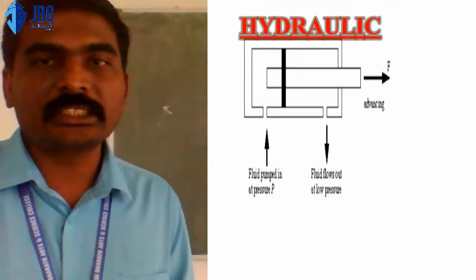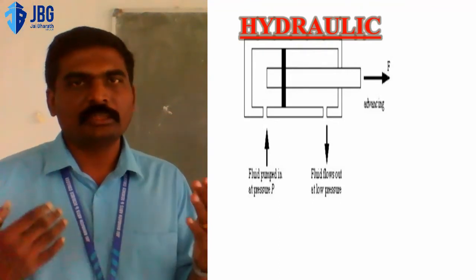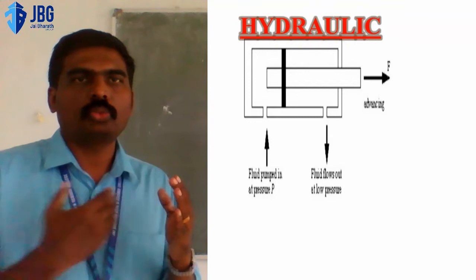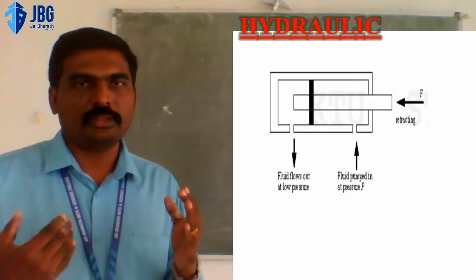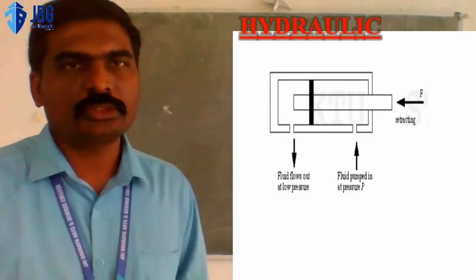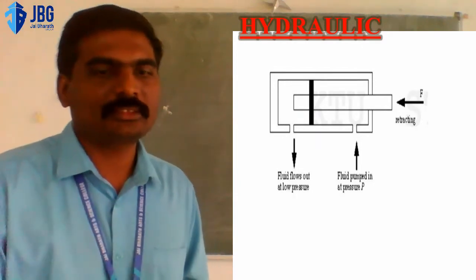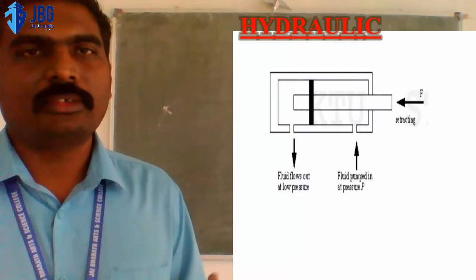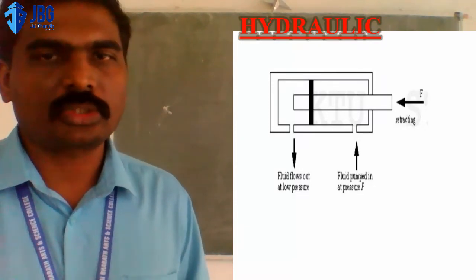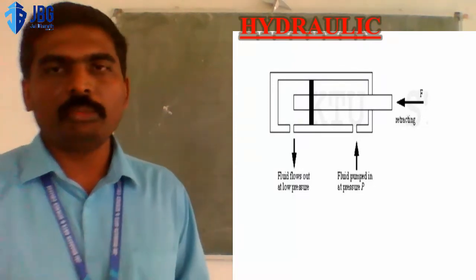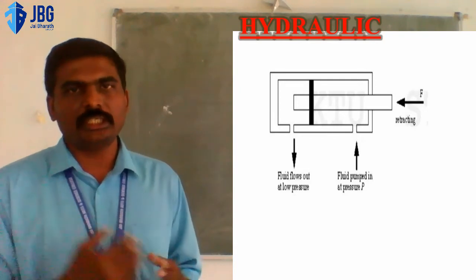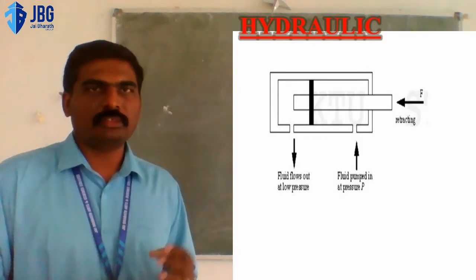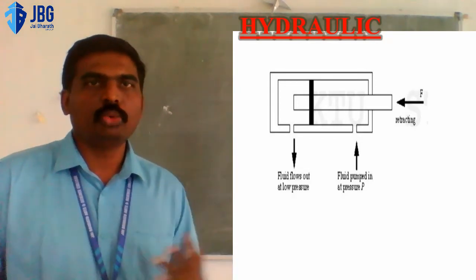When the pressure is exerted by the fluid, the piston will move inward or outward. Okay, that's the force and the torque, as we already discussed, in the form of force or torque. So based on the volume of fluid going into the cylinder, the arrangement of the piston is moved inward.